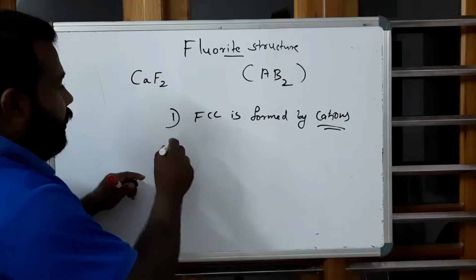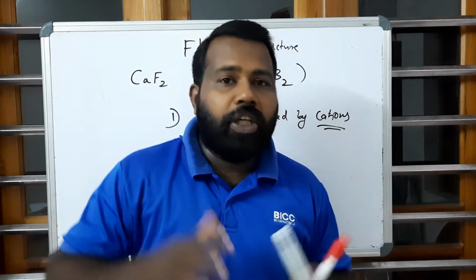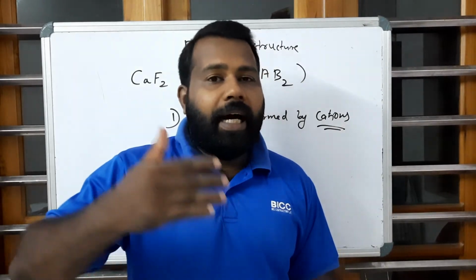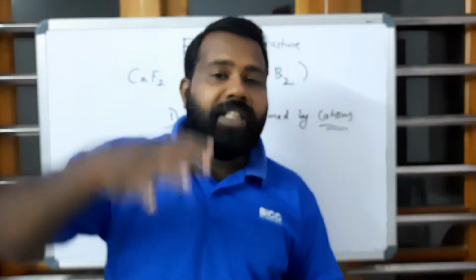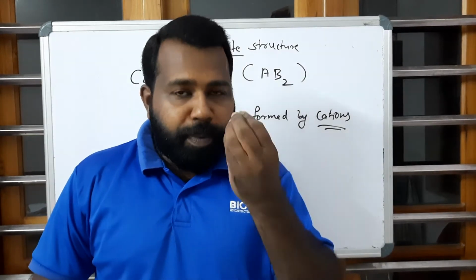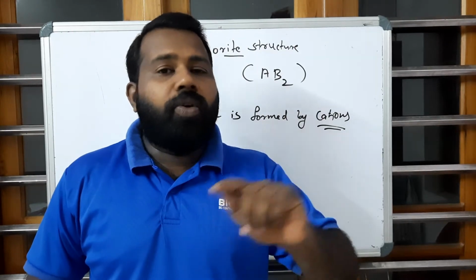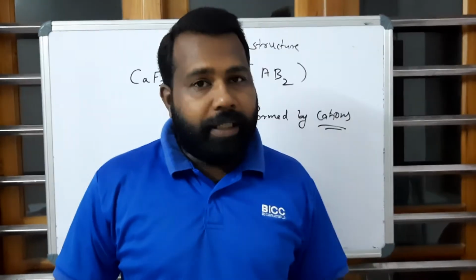Then next, we know that in a face-centered cube there are 8 tetrahedral voids. A sphere seated in a tetrahedral void is never going to share with any other unit cell.